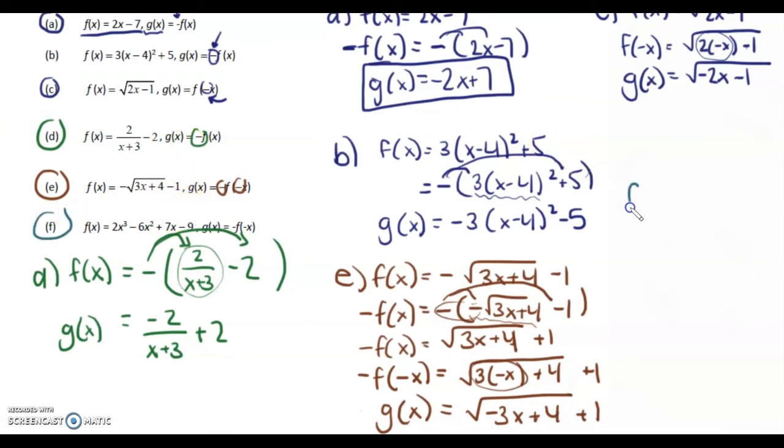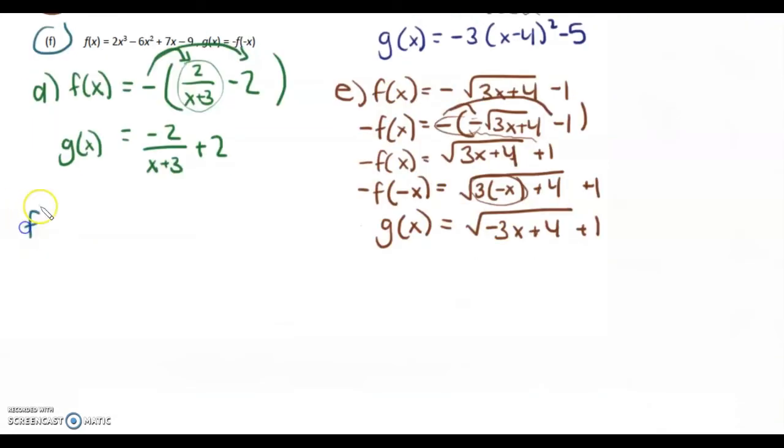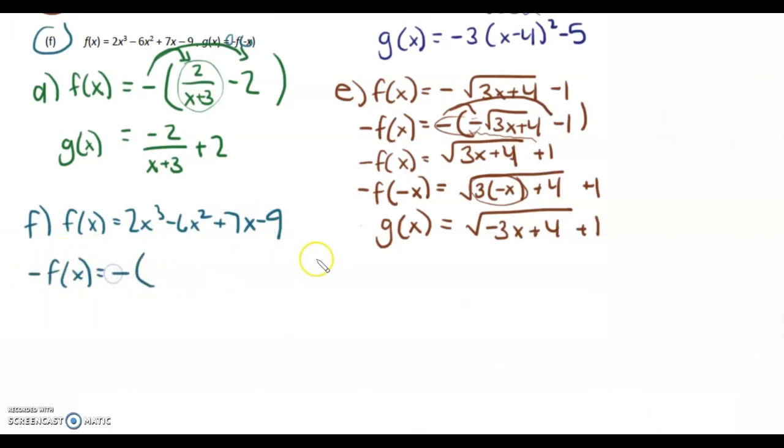Okay, last one, f. I'm going to give myself more room. Okay, so f is going to be here. We're going to do the double reflection. So f(x) = 2x³ - 6x² + 7x - 9. First, let's reflect the entire function by putting a negative sign in front and then the entire function in brackets.